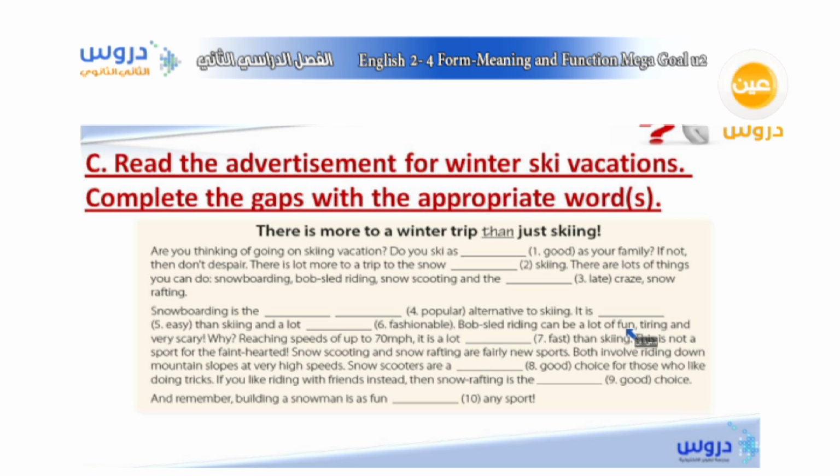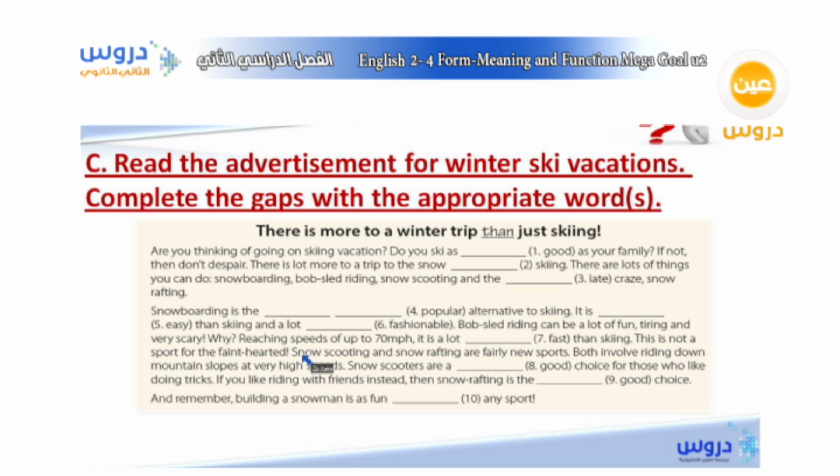Bobsled riding can be a lot of fun, tiring, and very scary. Why? Reaching speeds of up to 70 miles per hour. It's a lot faster than skiing. This is not a sport for the faint-hearted.